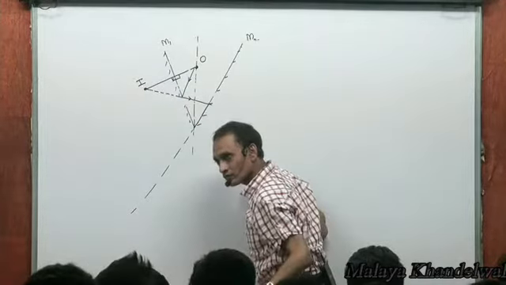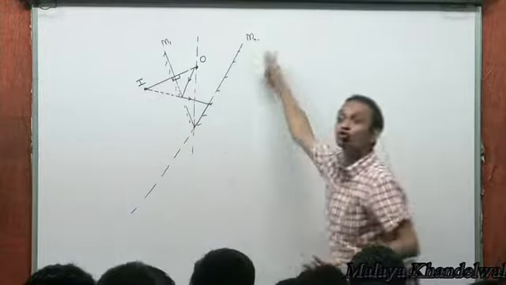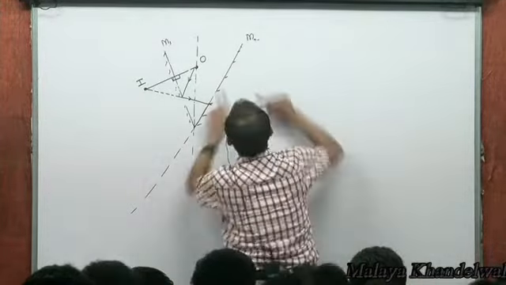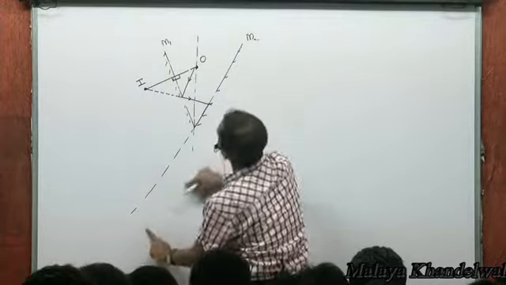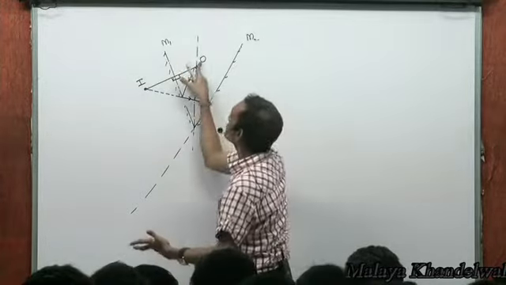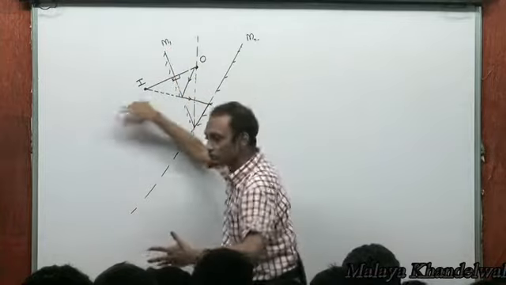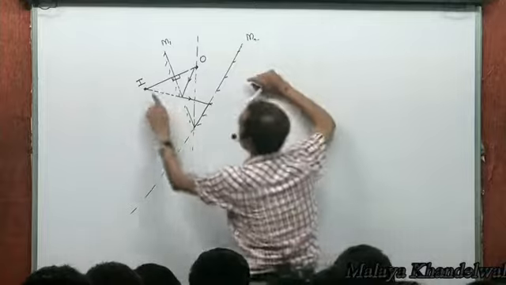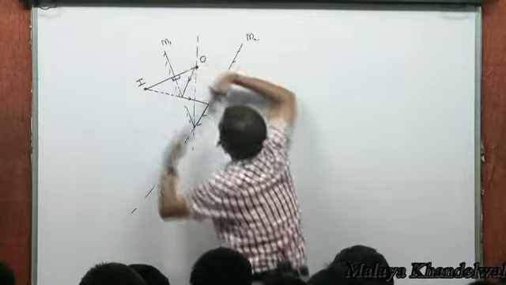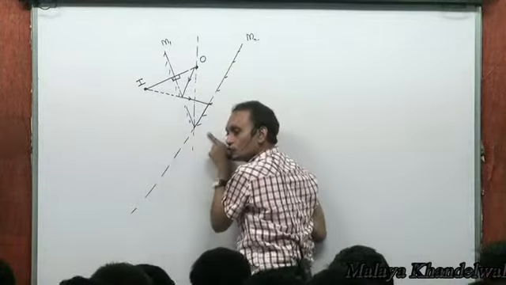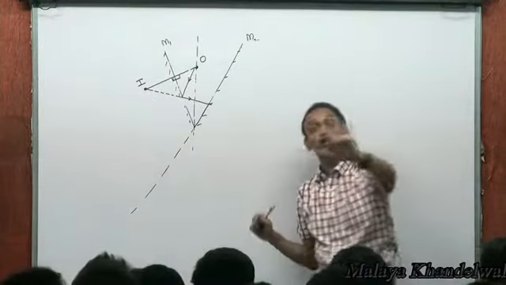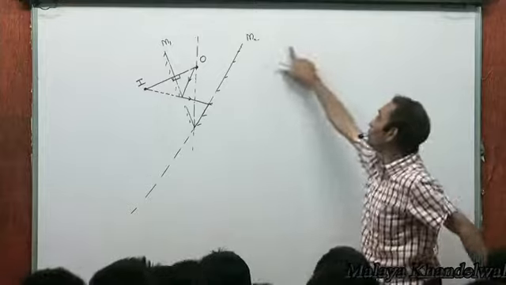So when would I be visible to this mirror? I would be visible to this mirror as long as I is above this M2. The image of O will obviously be behind M1. It has to be behind M1, but as long as it's above this, it is visible to this mirror. And if it is visible to this mirror, then a second reflection is certain to occur on mirror M2.